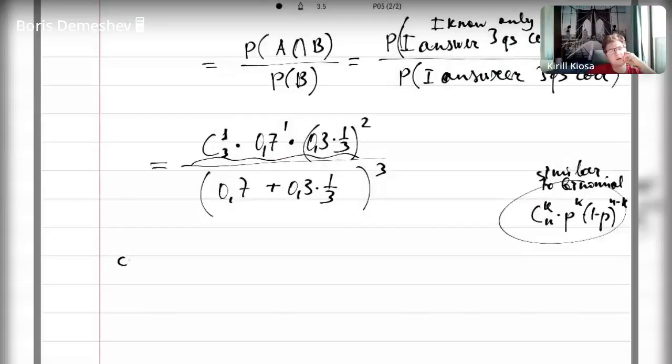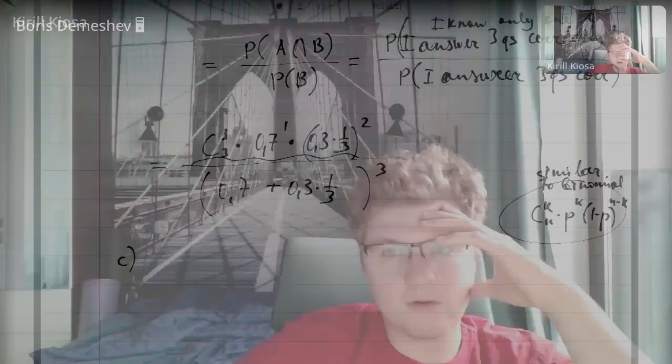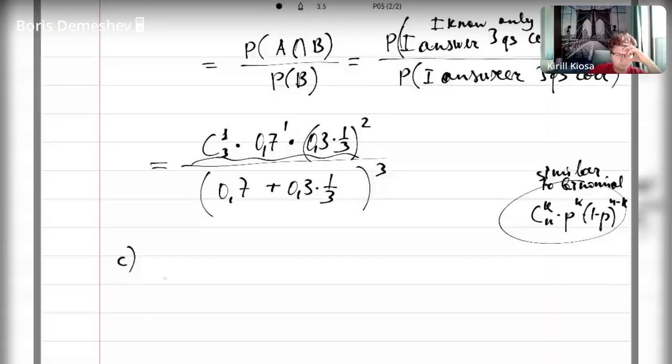Okay, now we have a new source of randomness, T, the time to answer a particular question. We have 2 possibilities for the density function.